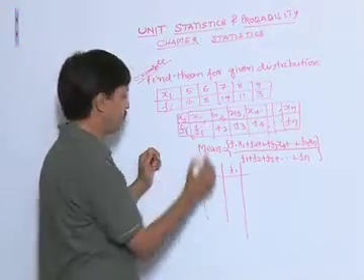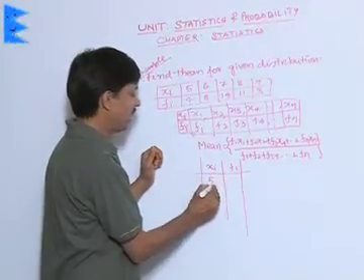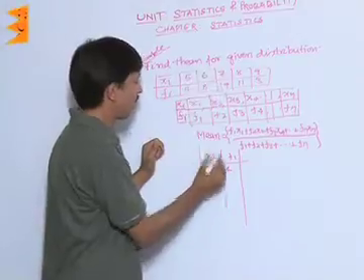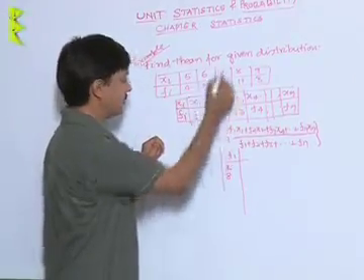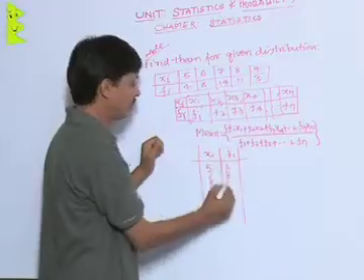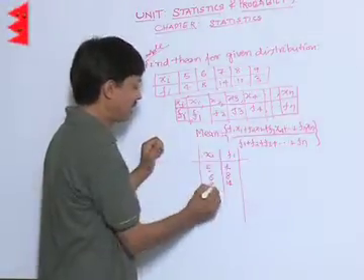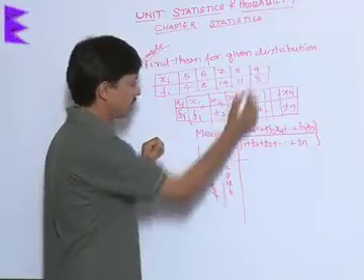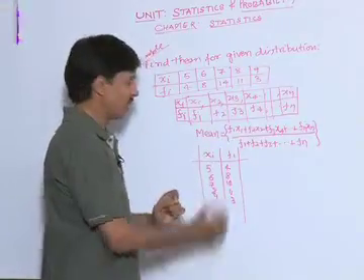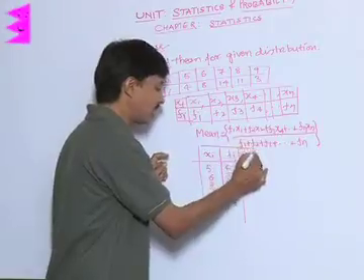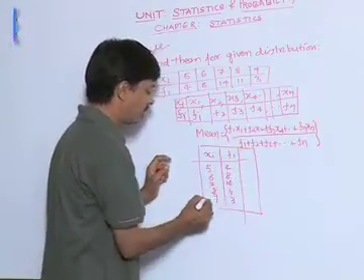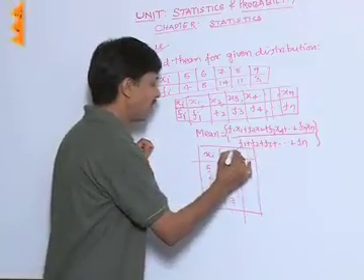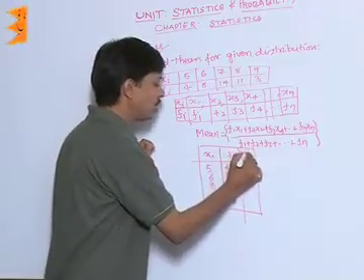So xi is first 5 with corresponding frequency 4, then 6 with frequency 8, then 7 with frequency 14, then 8 with frequency 11, then 9 with frequency 3. We have to multiply the corresponding observation with its corresponding frequency. This is known as fi into xi.